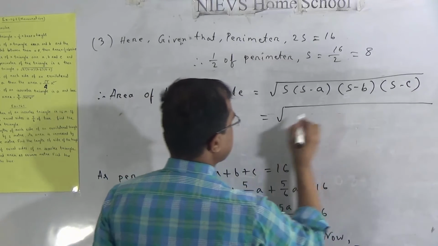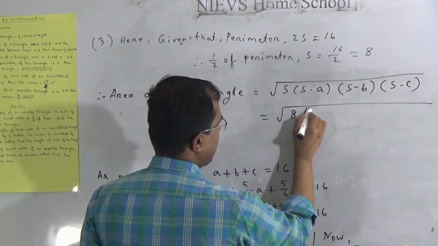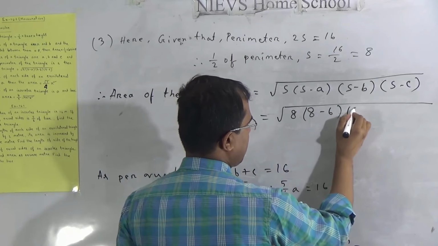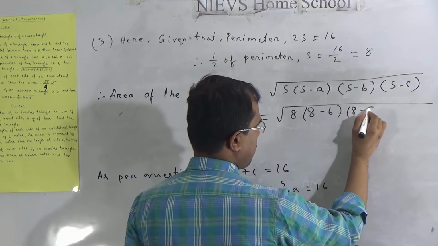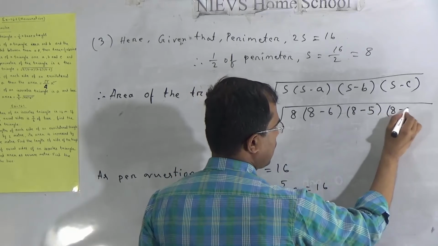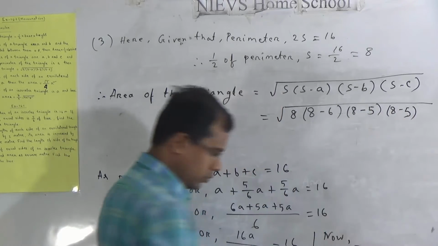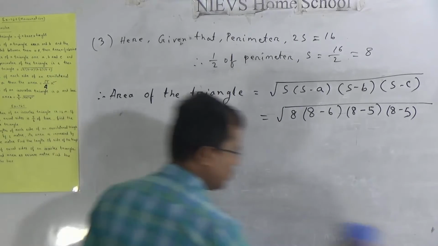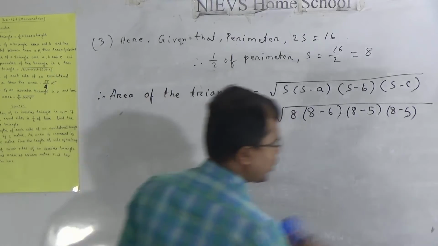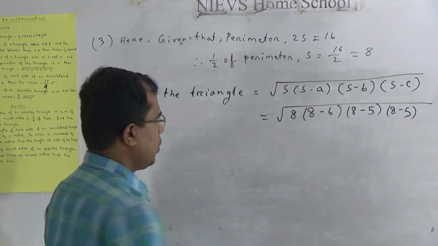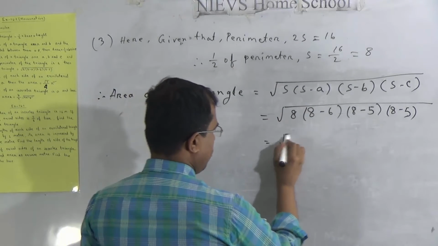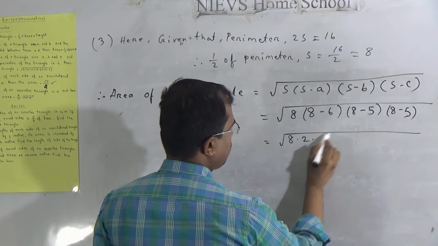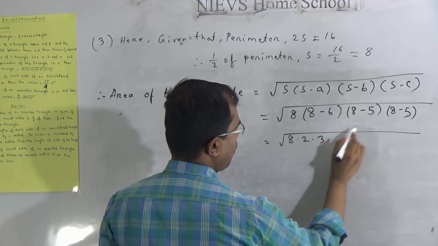Here value of S is 8 and 8 minus A, value of A is 6. S minus B, value of S 8 minus 5, and 8 minus 5 again. This is equal to root over 8 into 2 into 3 into 3.